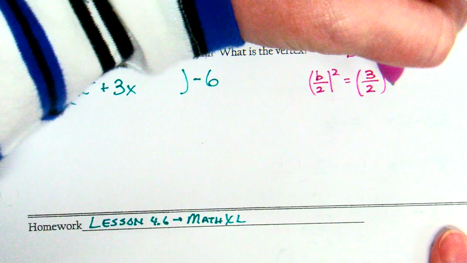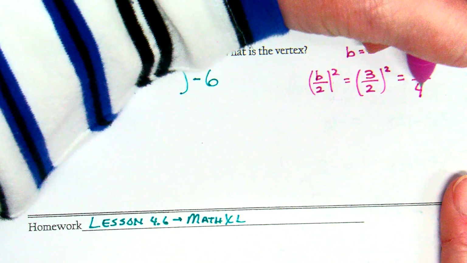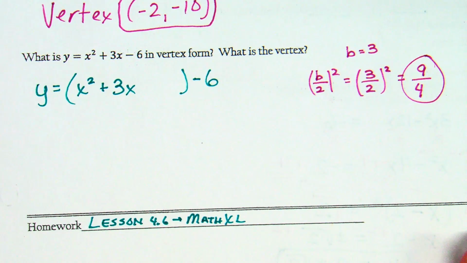What is 3 divided by 2? It's 3 over 2. Squared. 3 squared is 9. 2 squared is 4. What do I do with the 9/4? It is simplified.